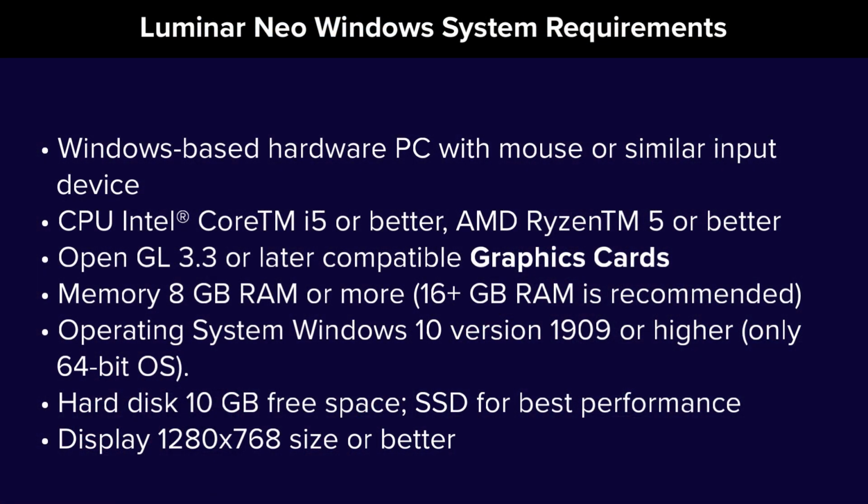Same level on memory as on macOS, 8 gig is the minimum, 16 is recommended. Need to be running at least Windows 10 or higher. Same types of things on hard disk, SSDs for performance, and your display sizes.